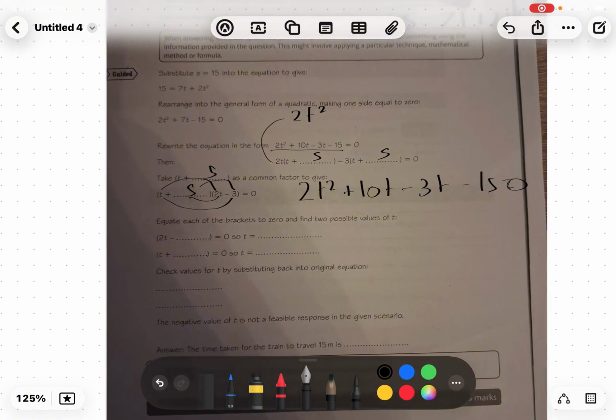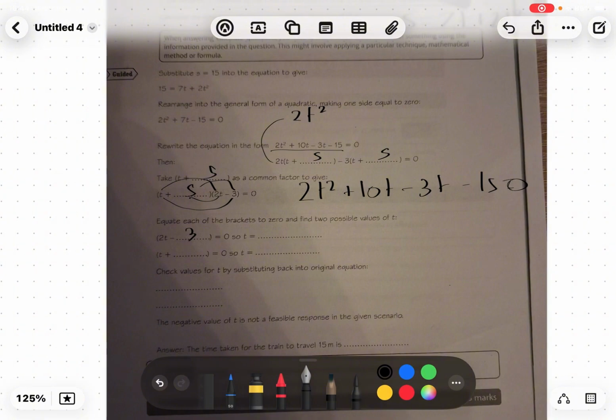And then we set each of the brackets equal to 0 and find the two answers. Now you see how we got 2 brackets, right? Because in each bracket there's a t, there are going to be 2 answers for t, and we have to pick out which one suits best.